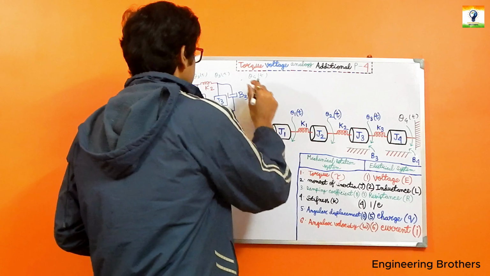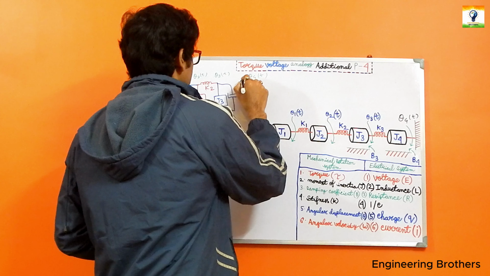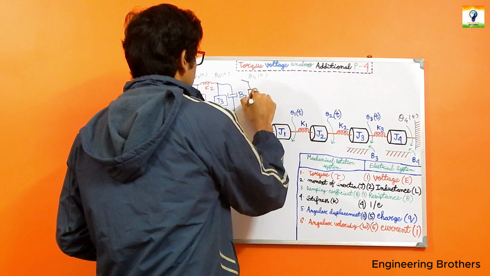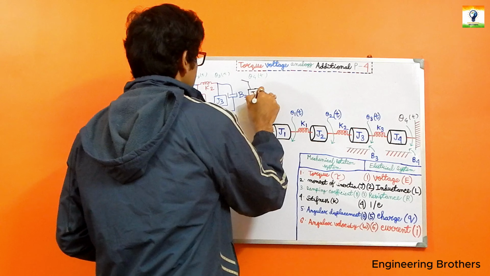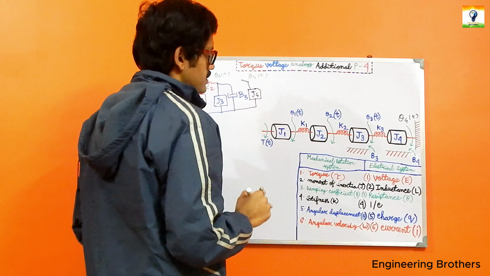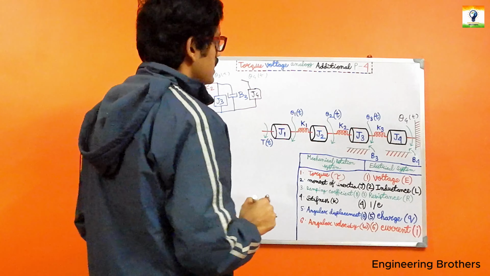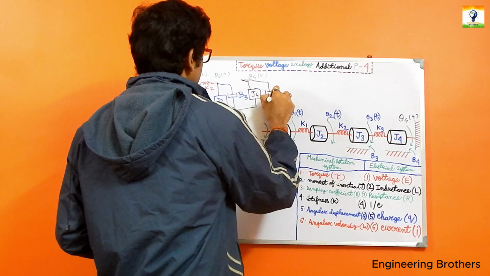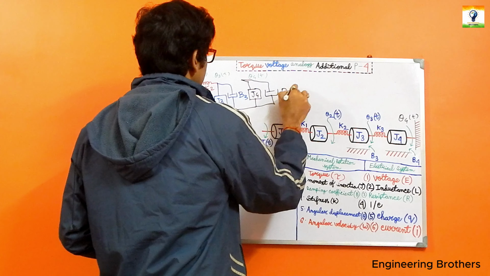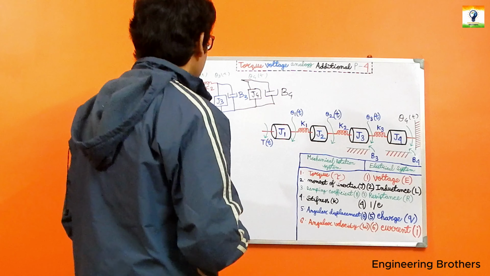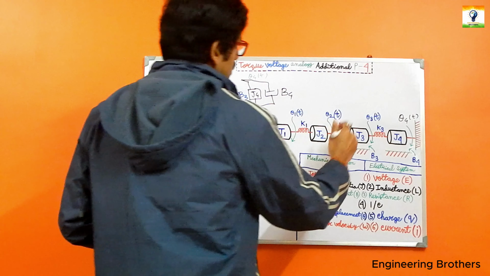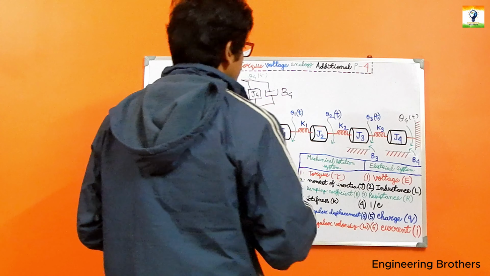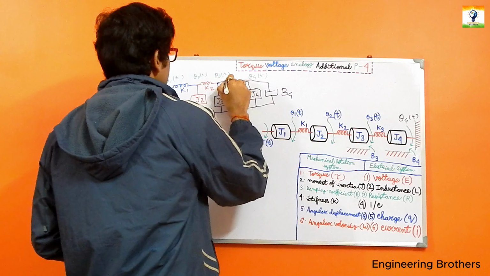So J4 has been connected, and once again B4 has been connected over here. In between theta 3(t) and theta 4(t), the spring element K3 has been included.